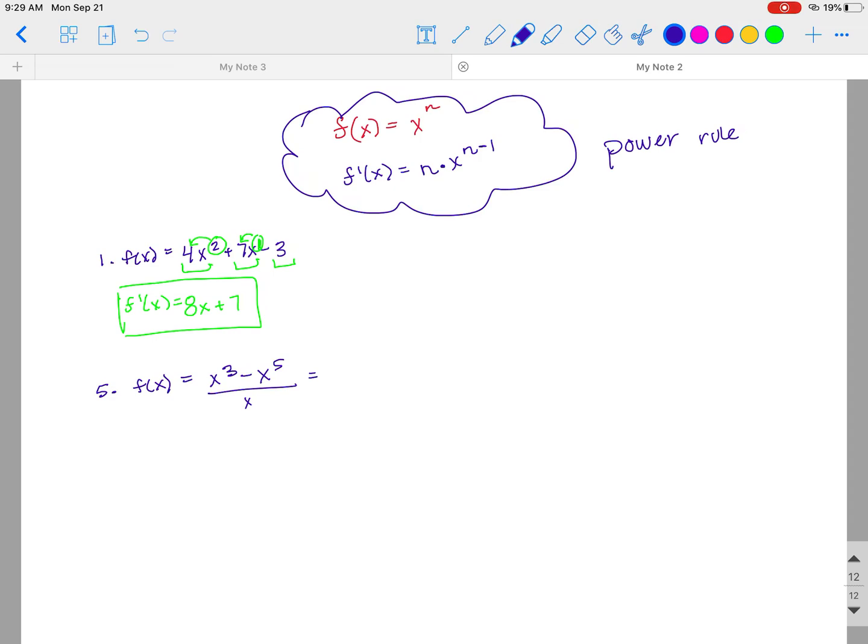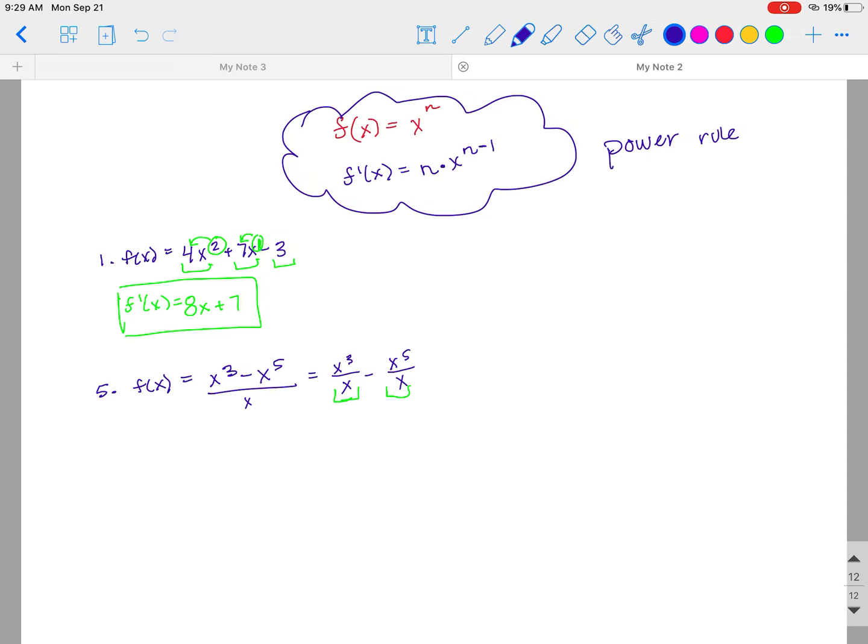So right now we have a quotient, but we can manipulate my quotient to only be powers. So the way that I'm going to do that is if everything is being divided by x, I can go ahead and say x cubed divided by x minus x to the 5th divided by x. And I can actually simplify each of these terms. So we have to start thinking about these as separate terms. Okay, so this term and this term.